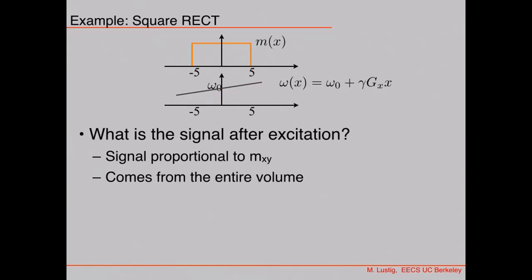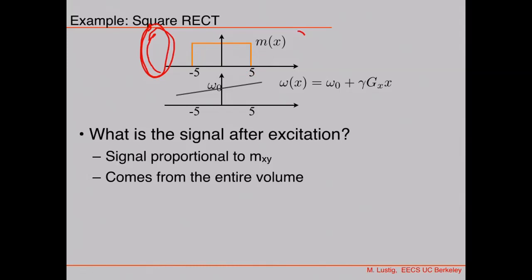So the question is, if I now excite this magnetization, what's going to happen? The signal that I'm going to get is going to be proportional to M(x,y). And because I have a big coil next to the sample that has a uniform sensitivity, I'm going to receive signal from the entire volume at the same time.